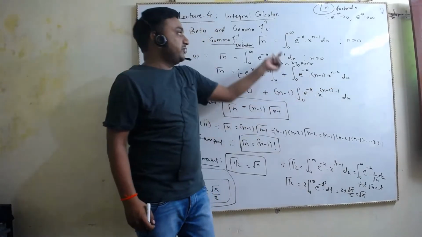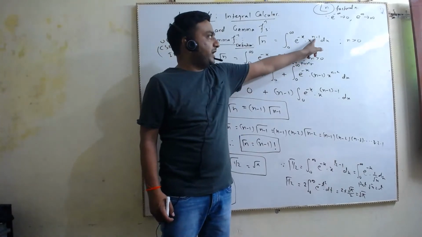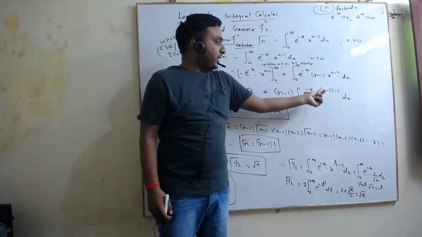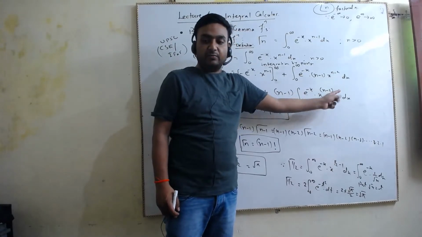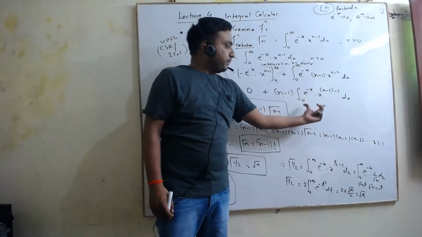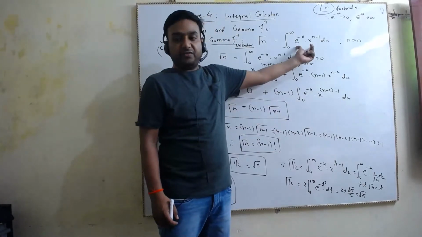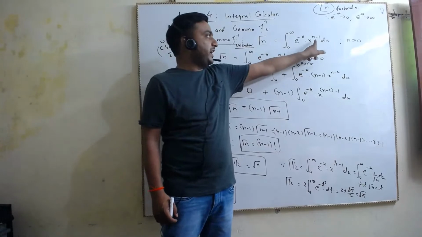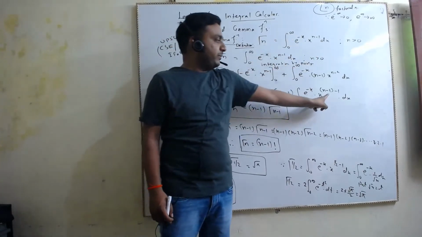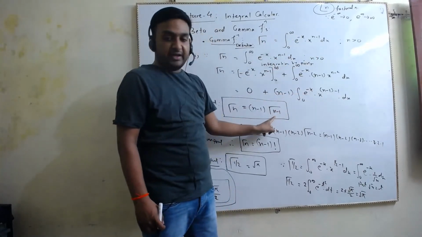Since our standard definition is in the form n minus 1, I have managed to write n minus 2 as n minus 1 minus 1. If I compare this with the definition, this expression will give me gamma n minus 1, because if n is here, then it is gamma n; if n minus 1 is here, then it is gamma n minus 1.